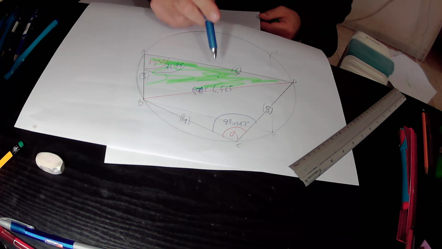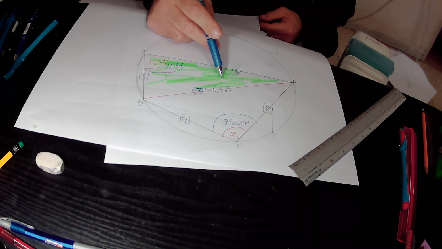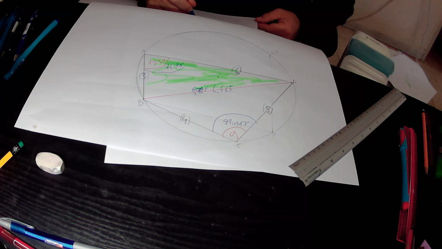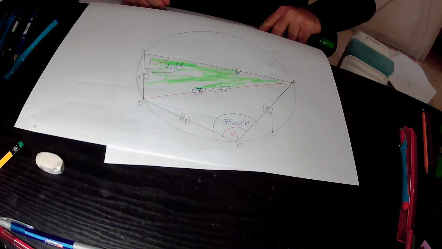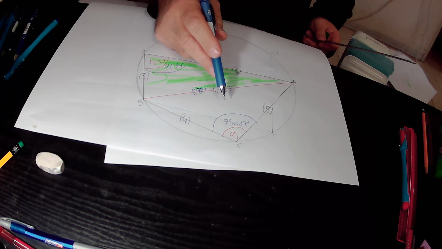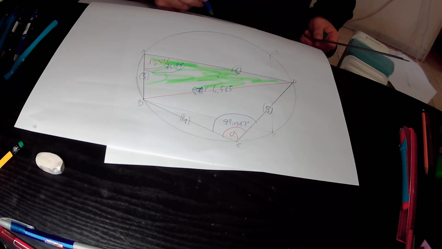But we already found out that BD equals 6.565. So 6.565 over sine alpha, where alpha is 93.017 degrees, so sine 93.017 degrees, equals 2R.